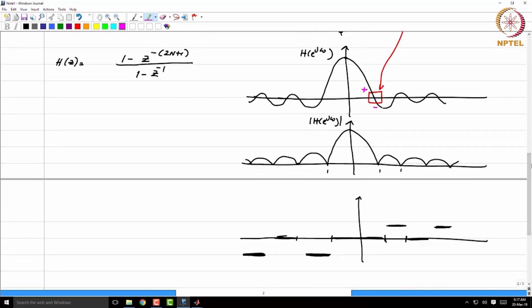So, what we have seen in the discussion of phase response is when you cross a 0, the phase change is pi. Therefore, when you plot magnitude versus frequency and phase versus frequency, the phase will jump by pi whenever you cross a 0.